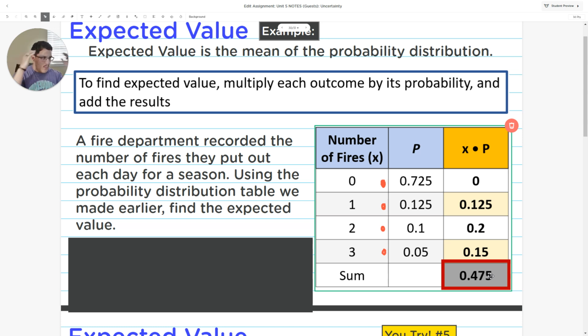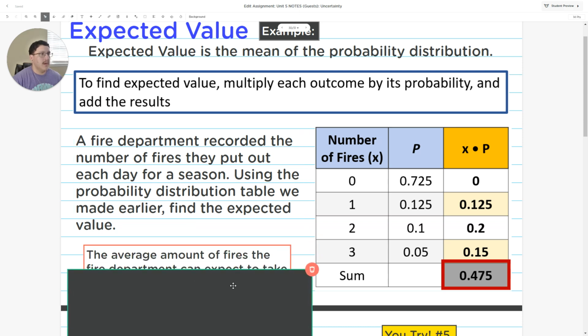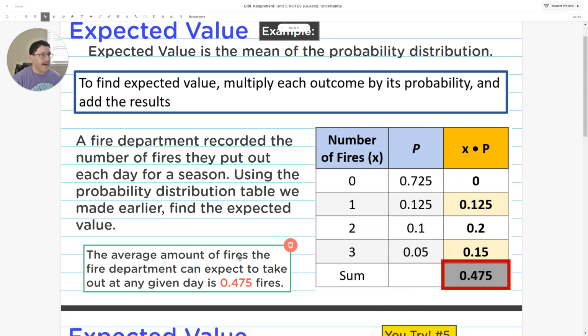What does this mean? What does this average tell us? What did we just calculate? The average amount of fires the fire department can expect to take out at any given day is 0.475 fires. Now, you can't really have 0.475 fires in reality.